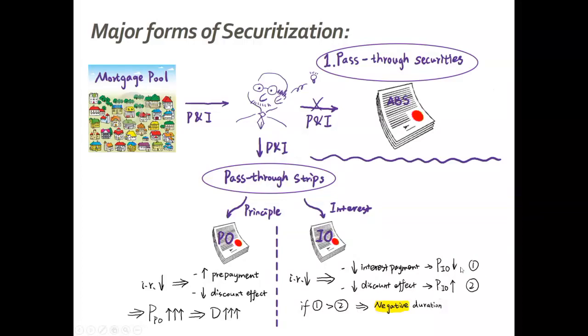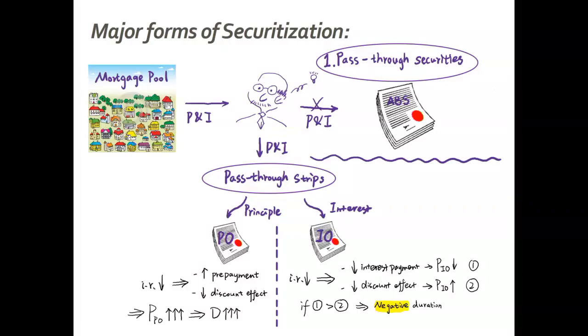On average, the duration of IO strips is very low, around 0. And if interest rates are very low, which triggers a lot of prepayments, we're going to receive much less interest payments. In that case, the effect of prepayments is going to dominate the discount effect, and the value of the IO strip will actually decrease with decreasing interest rates.